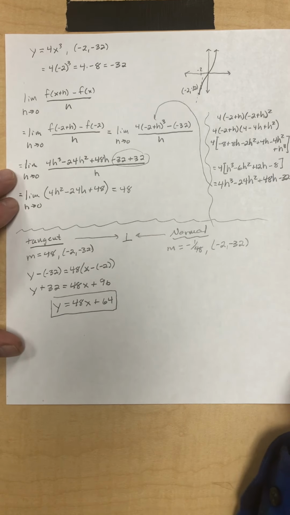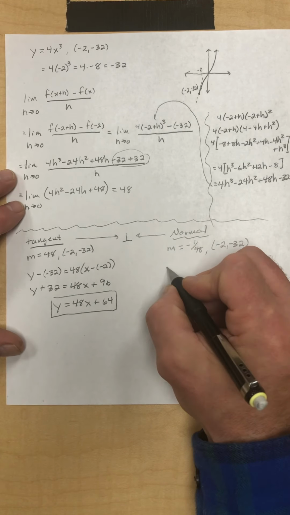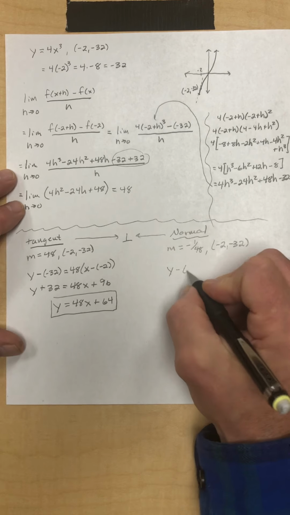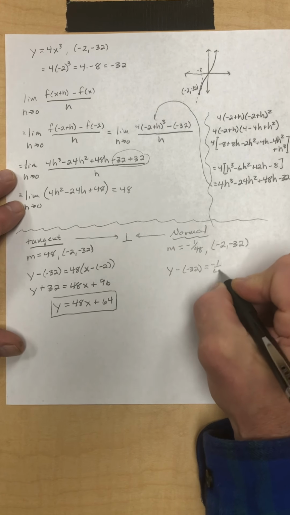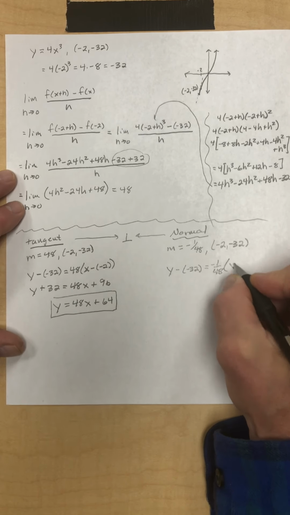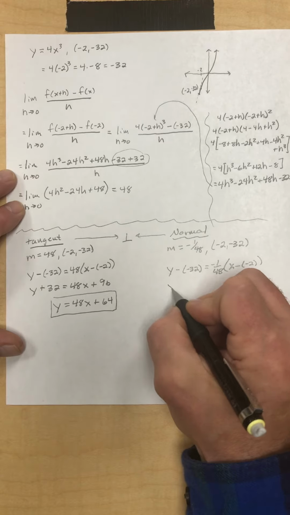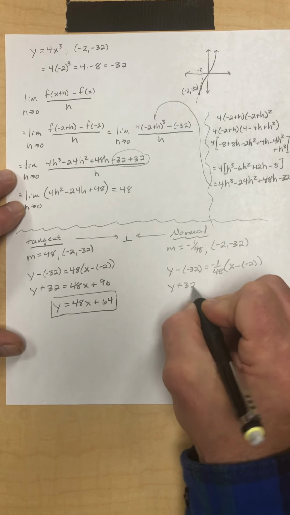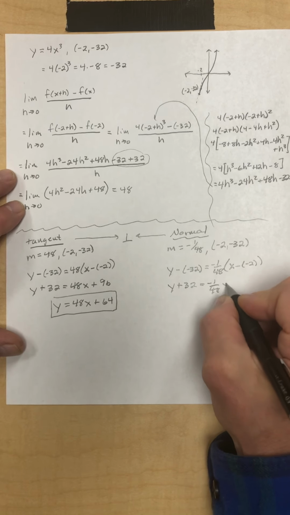So now we've got to do the equation of the normal line. Let's do the same process. So y minus -32 equals -1 over 48 times x minus a -2. So I have y plus 32 equals -1 over 48x.